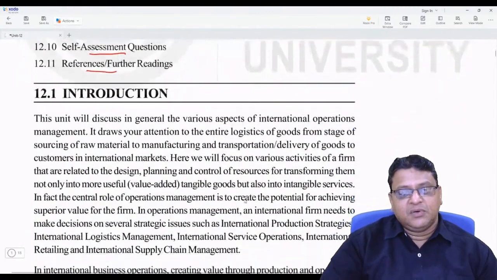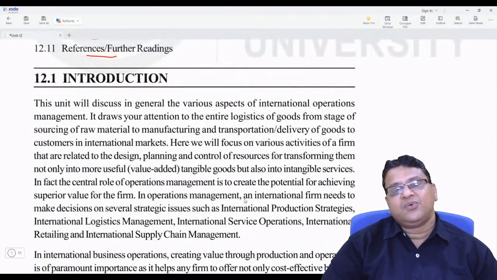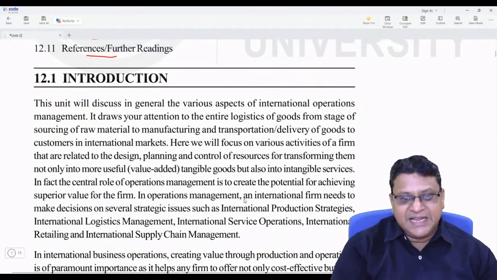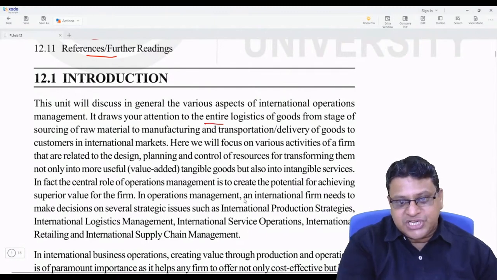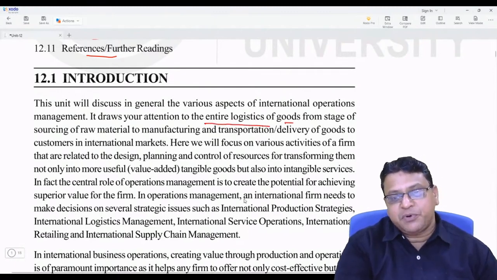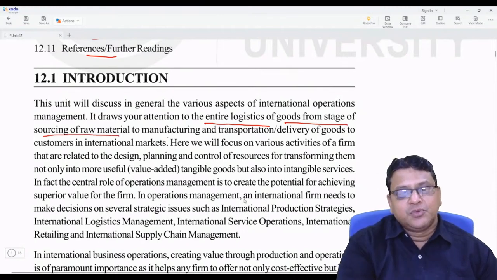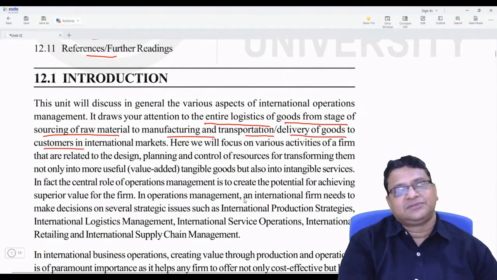Friends, what is operations management? First, we have to understand what operations management is. Then we will discuss what international operations management is. Operations management deals with the entire steps involved in transferring goods from the stage of sourcing raw material to manufacturing it, to transportation of it, and delivering it to the customers.